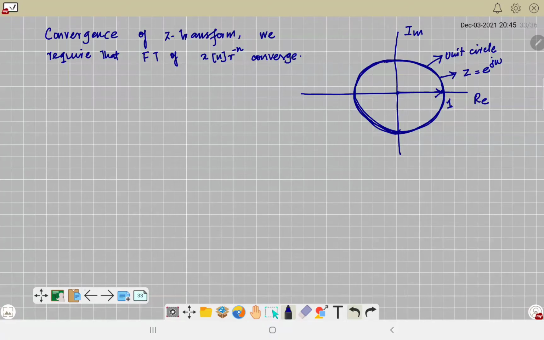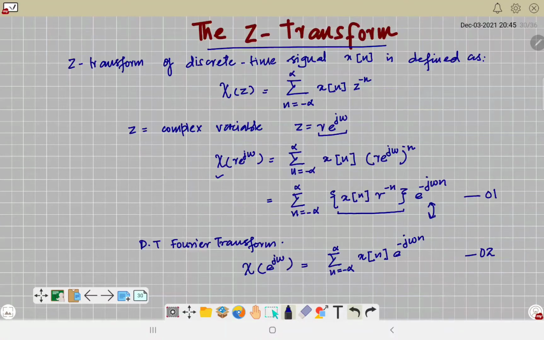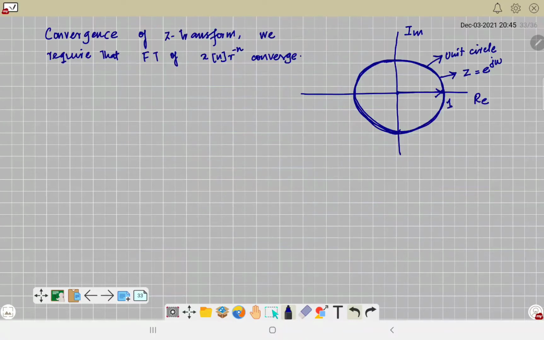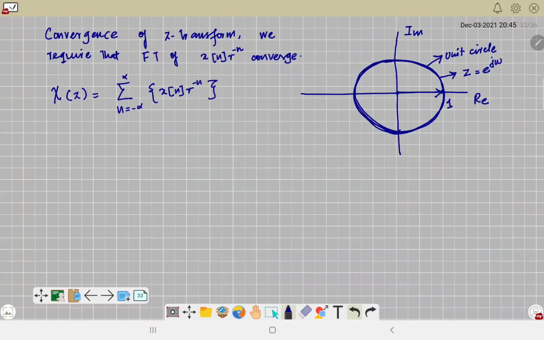Okay, because we have just shown here, if you look at this expression, let me just rewrite it here. The way we express our Z transform is summation n equals minus infinity to plus infinity x of n r to the power minus n, then e raised to the power minus j omega n.